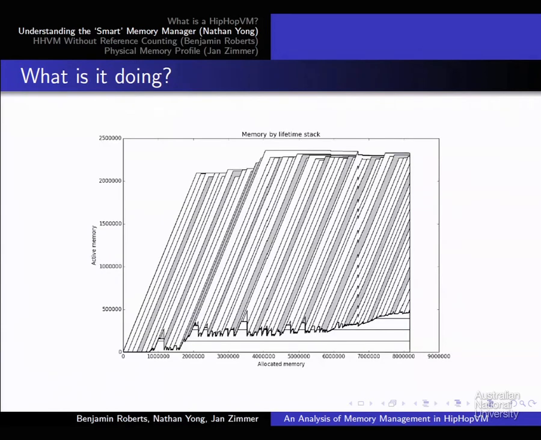I developed some tools and modified the code a bit to see if we could get some statistics out of this. This is a slice-based view of HipHopVM running the WordPress blog. I took a snapshot of its memory usage over one request.